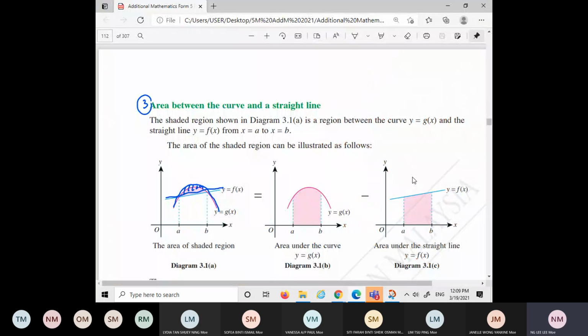That day we have finished finding the area under the curve, and also the area between the curve and the y-axis. Today we have one more part. Also area, but now finding the area between the curve and a straight line. This will be the index for today.